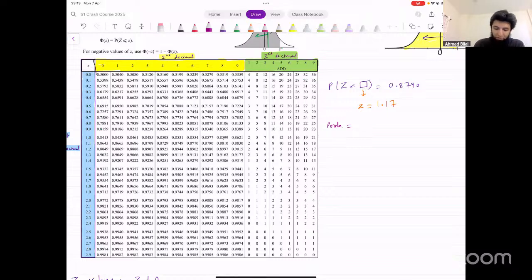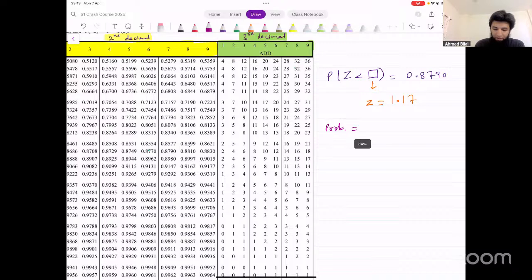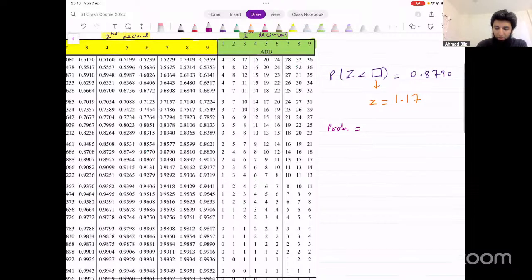Let's find that. Do we have that probability here somewhere? 8599. This is the probability, 8599. What's the corresponding z value from this? On the left side, you've got 1.0. Above, you've got 8. So this is z equal to 1.08. Okay, so this probability corresponds to a z value of 1.08.